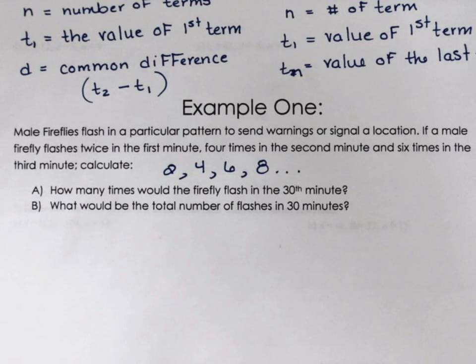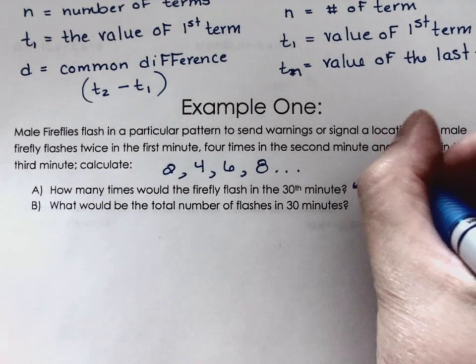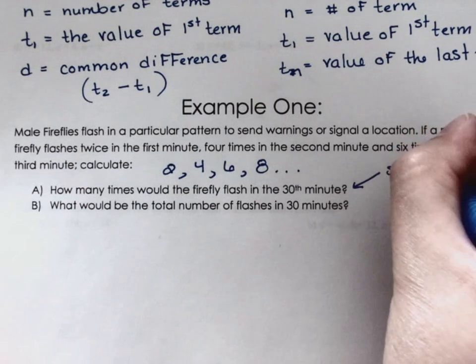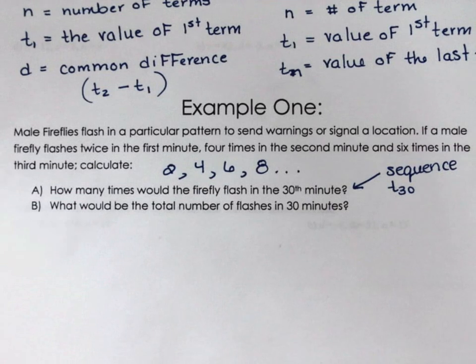So now we're going to read some more information here. How many times would the firefly flash in the 30th minute? Is it asking for the total number of flashes or what's happening in that 30th minute? In the 30th minute. So that is a sequence question where we're finding T30.